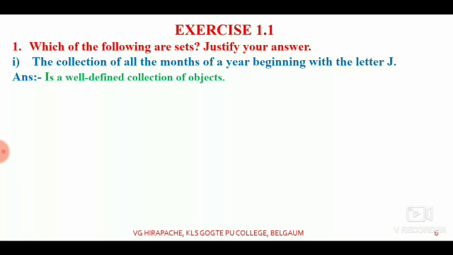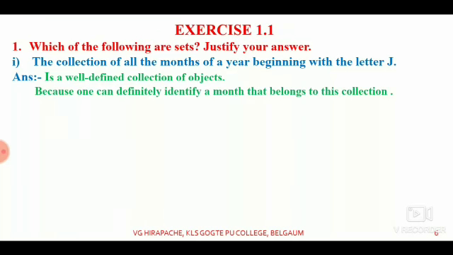Answer as follows. The collection of all the months of a year beginning with the letter J is a well-defined collection of objects, because one can definitely identify a month that belongs to this collection. That is, the months beginning with letter J are January, June and July. These are the members of the set.